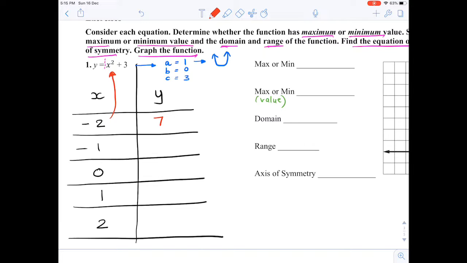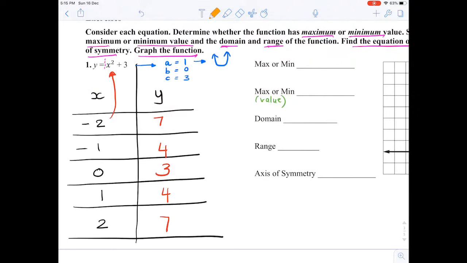If I put the negative 1 in, negative 1 squared is 1, plus 3 gives me 4. 0 is always nice and easy. If I put the 1 in, 1 squared plus 3 gives me 4, and 2 squared is 4, plus 3 is 7. So mental math is fantastic, but use your TI to check your work, okay?